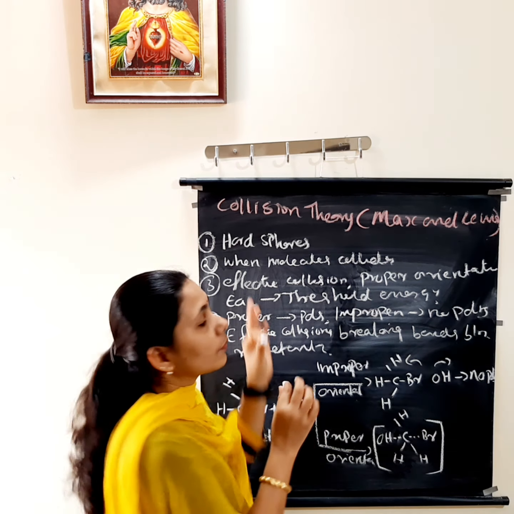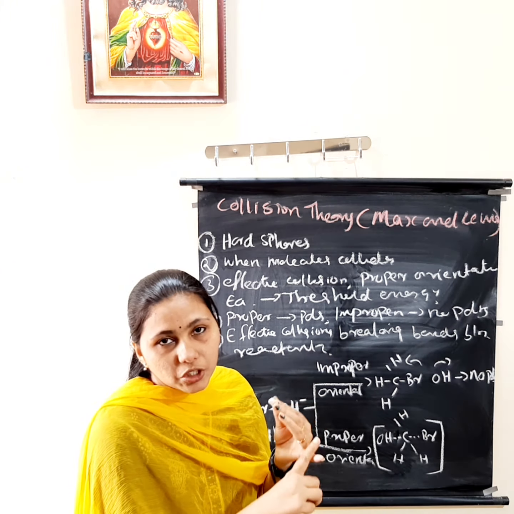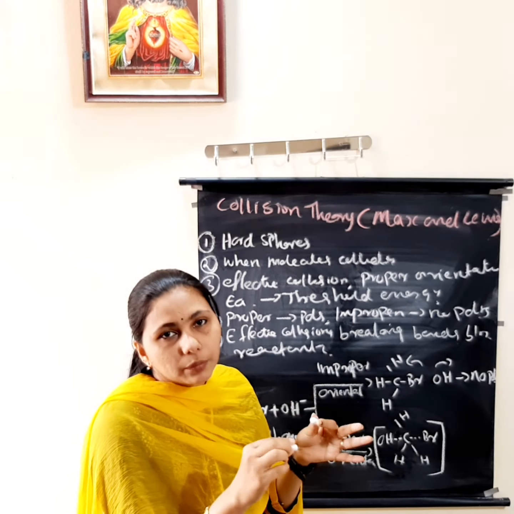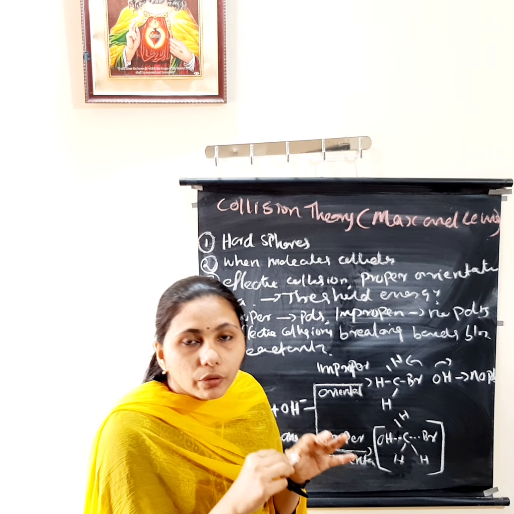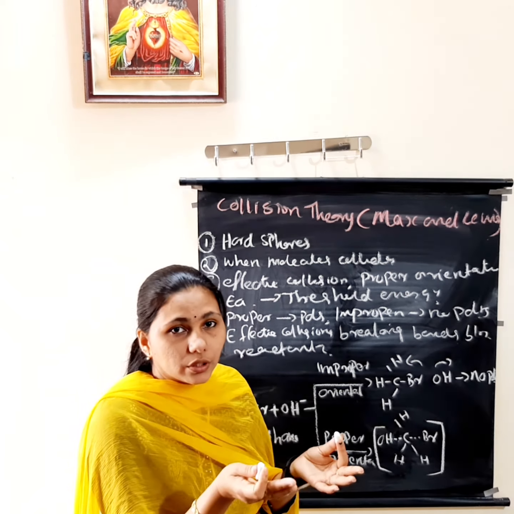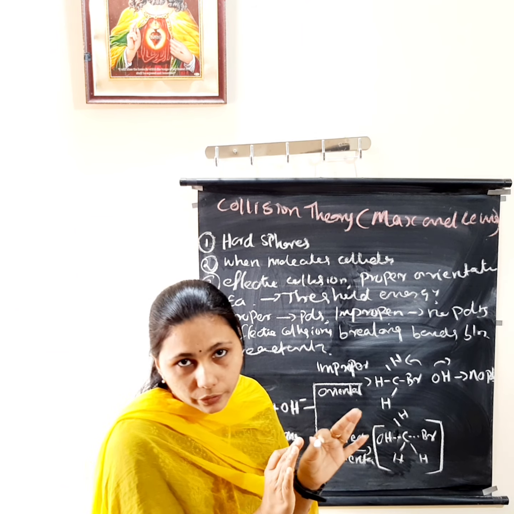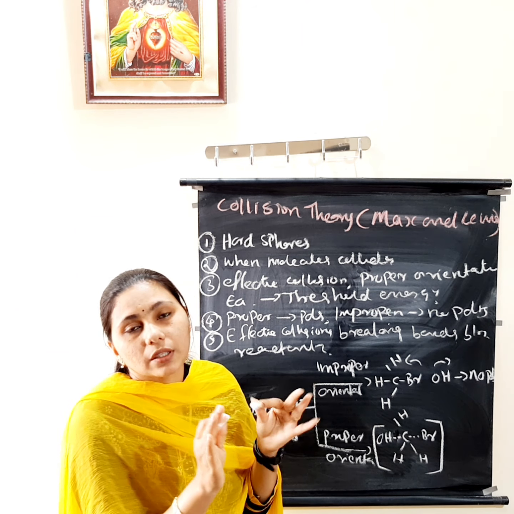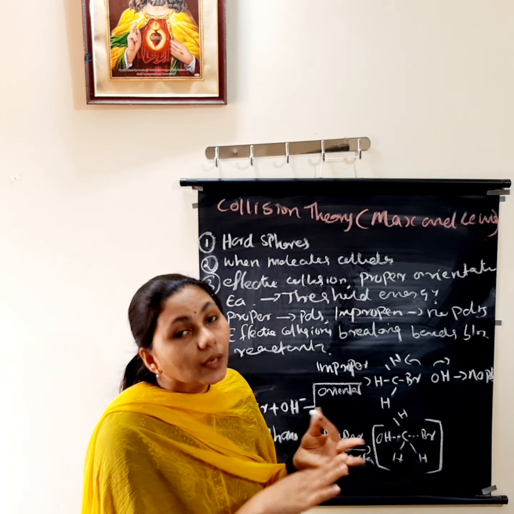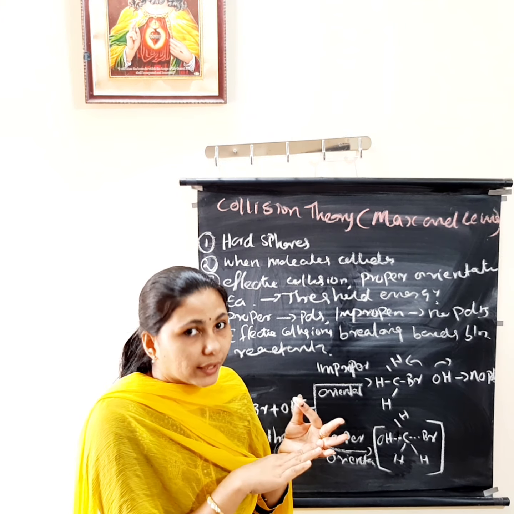What are the postulates? First, atoms of reacting species are considered as hard spheres. Then the collision between the molecules leads to the formation of products. Not all collisions are effective, and not all lead to formation of products. Effective collision means the molecules have a proper orientation and a sufficient amount of energy, known as threshold energy.